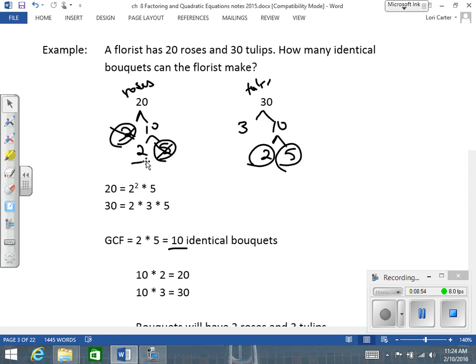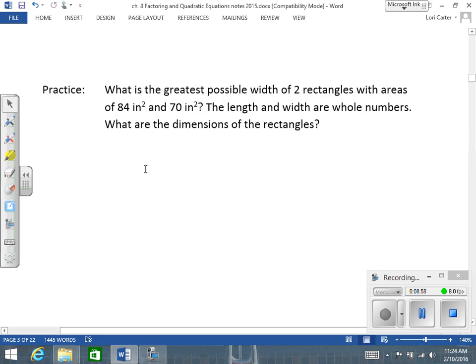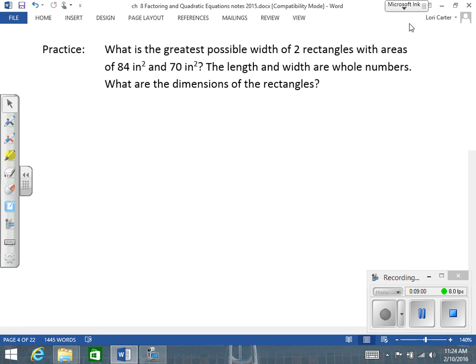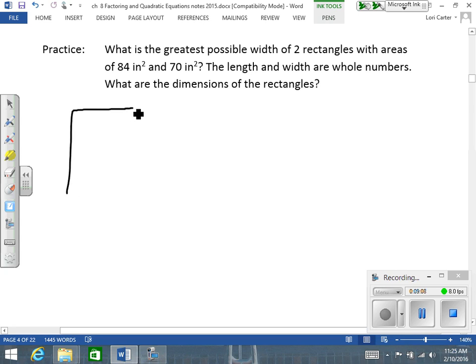Okay, you have a story problem that has to do with rectangles. Charts don't apply to them, but you can draw a picture instead. So what this is, you have 2 rectangles, and they have the exact same width, so they stack on top of each other, kind of like shoe boxes.